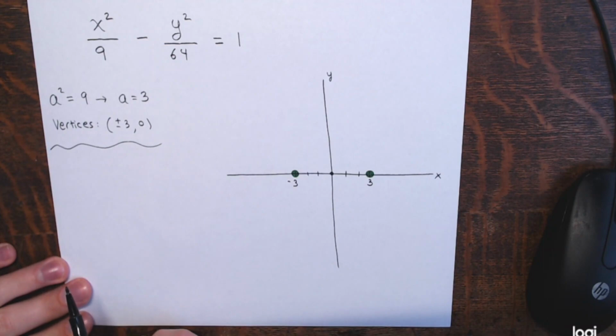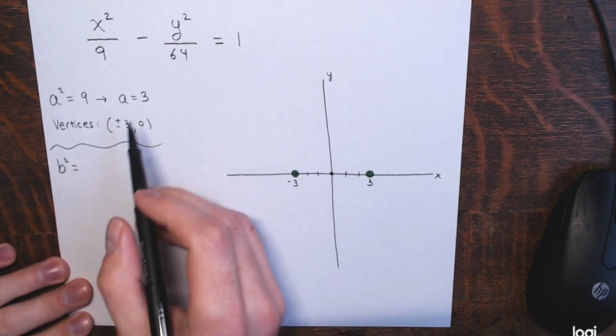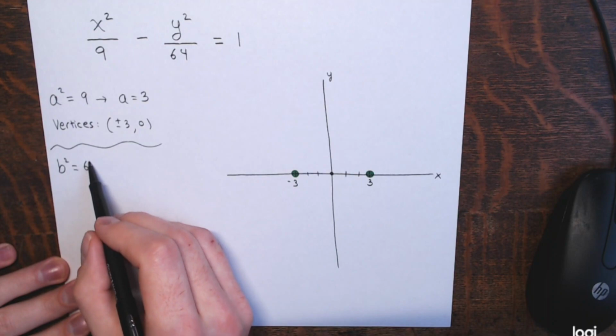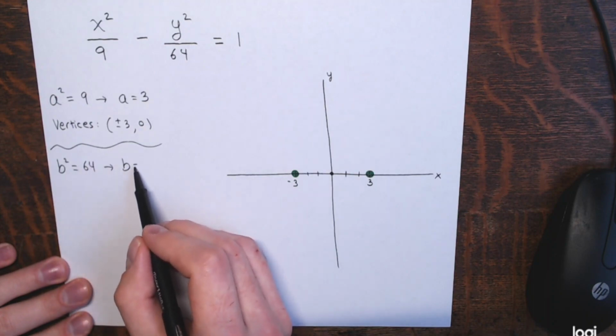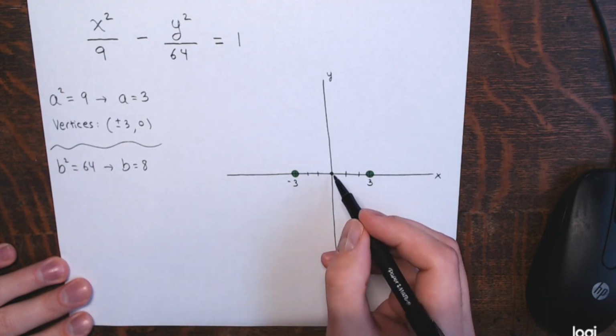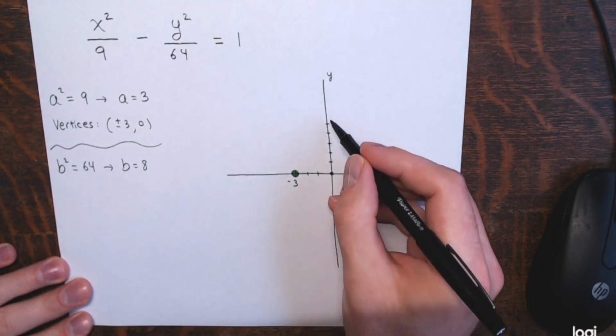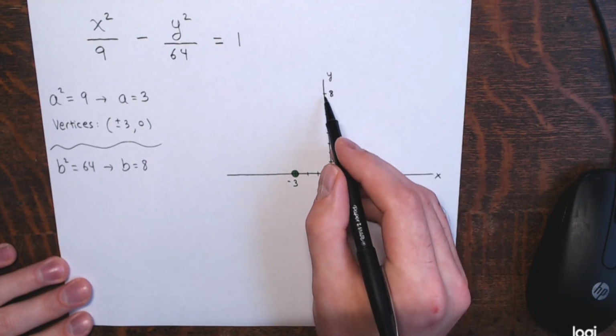Now for those asymptotes, we need the value of b as well. So b squared is the denominator under the negative term, under the y squared, that's 64. And if b squared is 64, then b must be 8. So from the center, I'm going to go up 8 units. And I'm not going to put a point there.